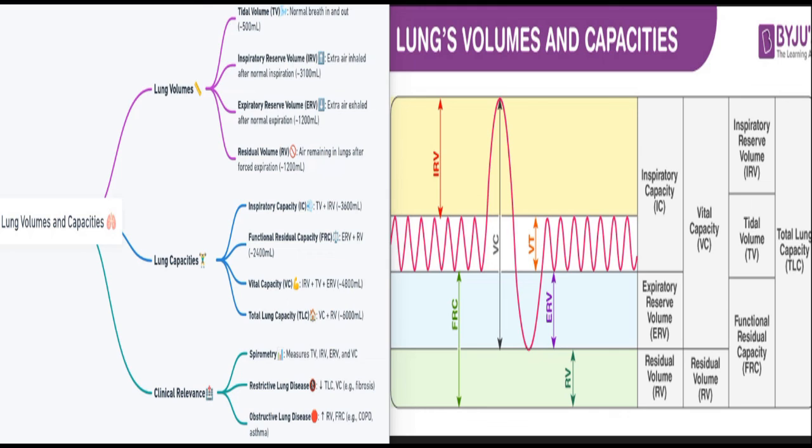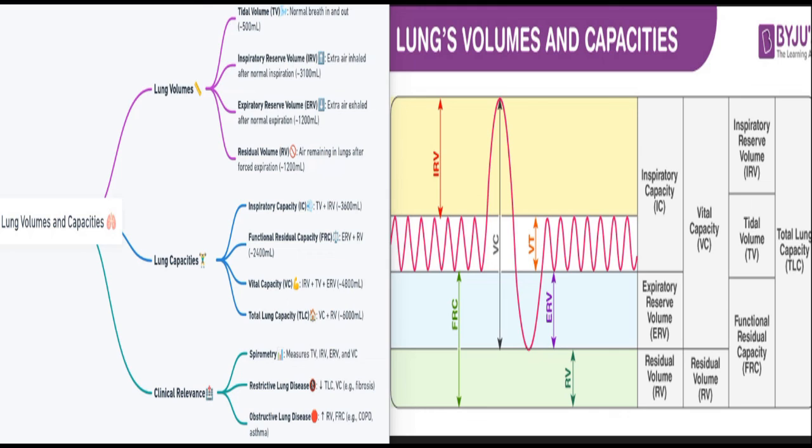You blow the match. If the patient is able to blow the match, then the FEV1 is more than 1.6 liters. If the patient is unable to blow the match, then the FEV1 is less than 1.6 liters.